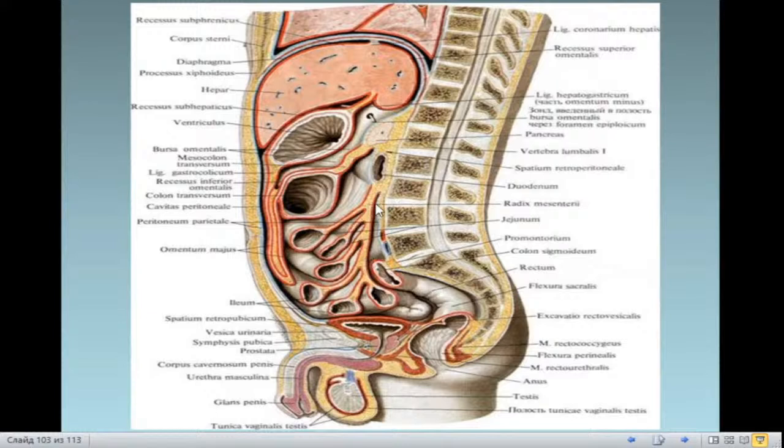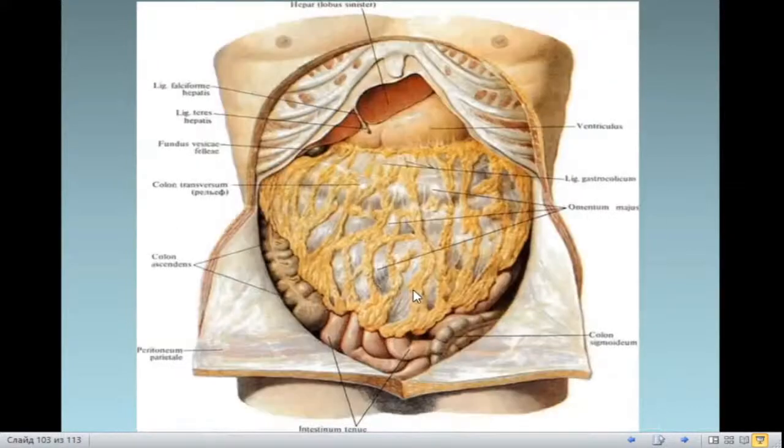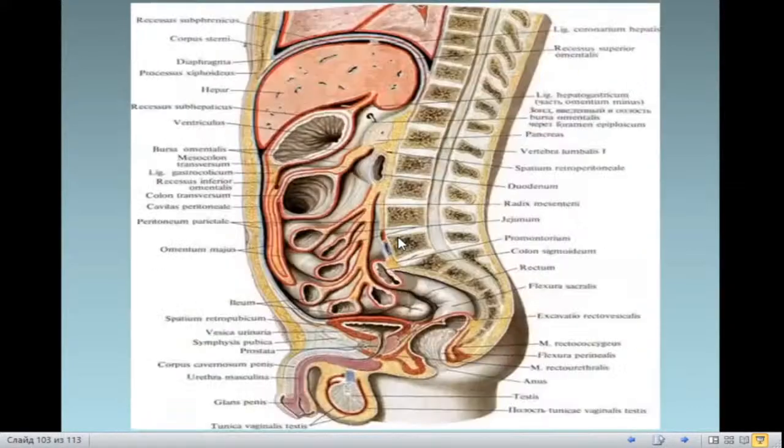After attaching the loops of intestine to the posterior abdominal wall, peritoneum gets down and covers the upper portion of the rectum from all sides, and the middle portion of the rectum just from one side. Then in between the rectum and uterus in females, it makes up a pouch that is called Douglas space or posterior pouch, the recto-uterine pouch.